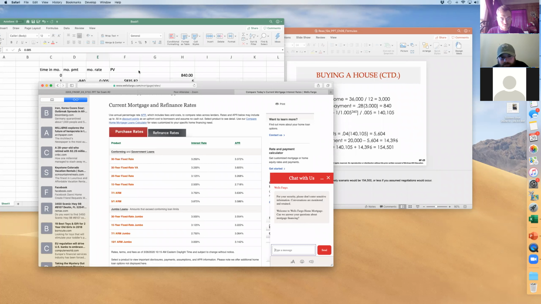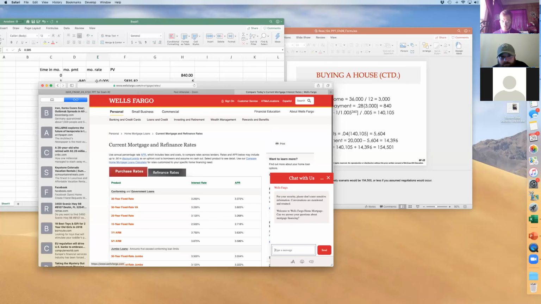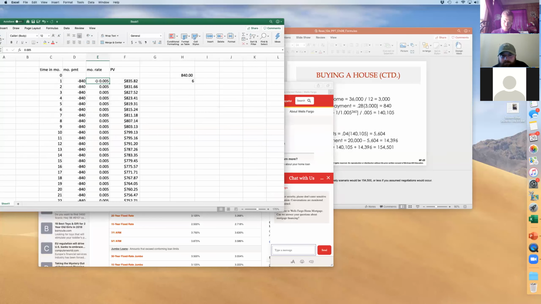All right, so based on that, if we go back to our little example here, if interest rates actually went down to what I'm looking at here, I'm going to put in here an interest rate of 0.0325. It looks like that's what it was at Wells Fargo, and I'm going to divide that by 12 because we have to put it in monthly terms for our spreadsheet. So you can see that our interest rate has gone down by almost half.